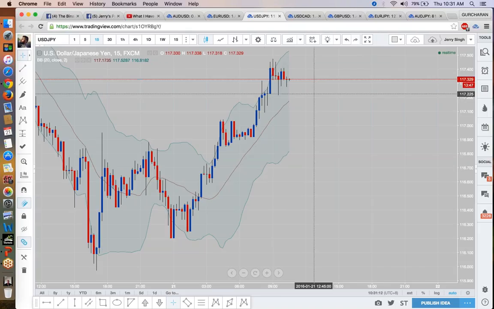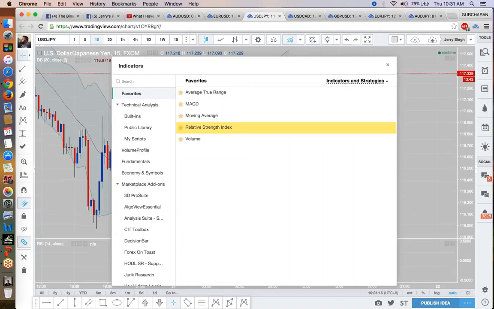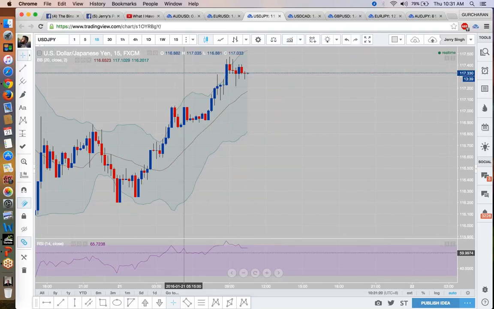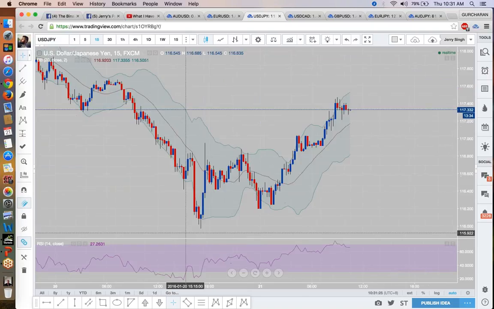This is what your Bollinger Bands and your relative strength index and RSIs are doing. Here is your RSI. How many times was the price oversold and the price still went up? All right, let me draw some lines.